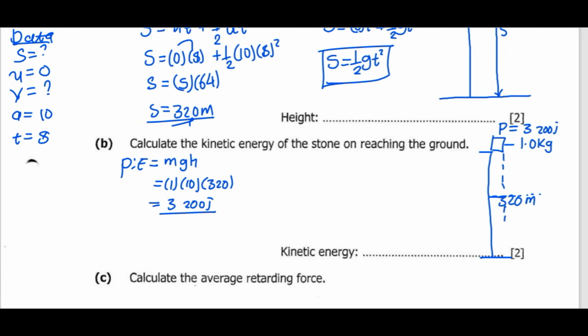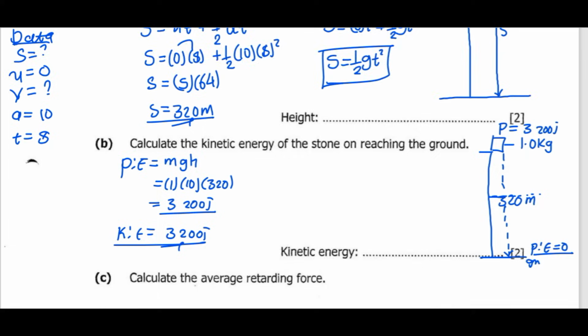Then if it continues falling down, at the time at which this stone is hitting the ground here, all the potential energy will be converted into kinetic energy. So our kinetic energy at that point is just 3,200. Then remember, at this point our potential energy is 0.